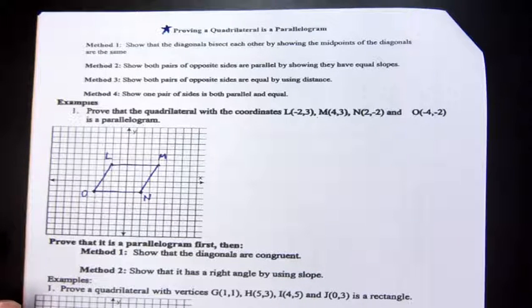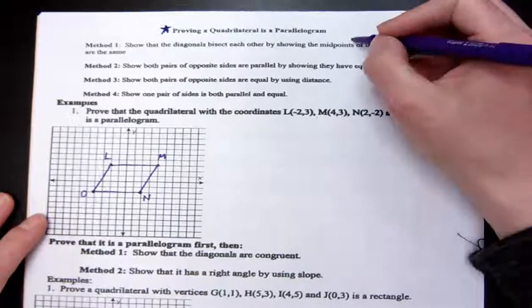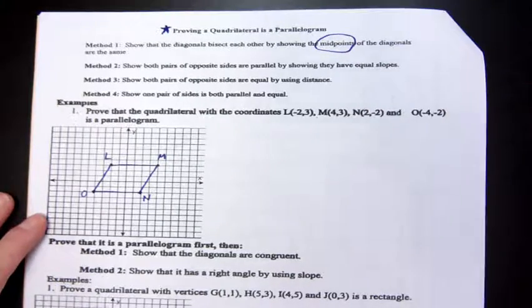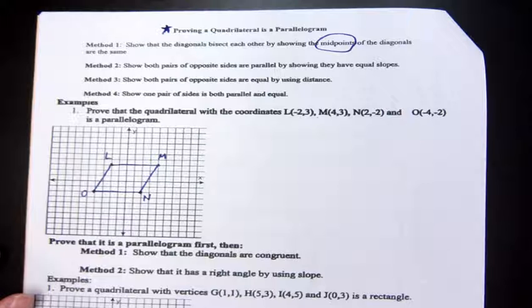Okay, so our method 1 is show that the diagonals bisect each other by showing the midpoint of the diagonals. How would I find the midpoint of the diagonals? What do we use when we're finding midpoint? You got it, yeah.